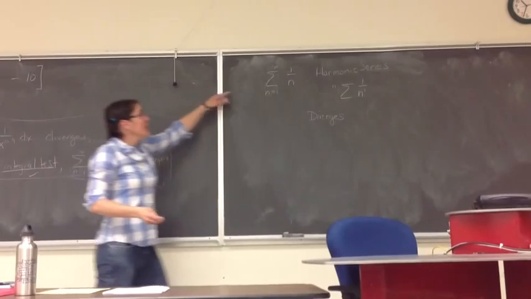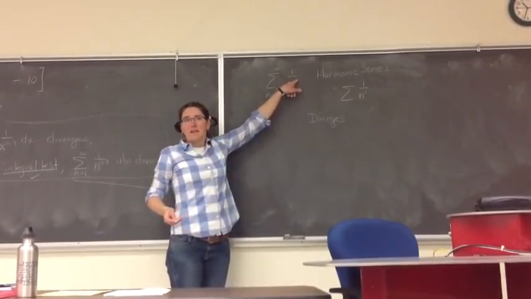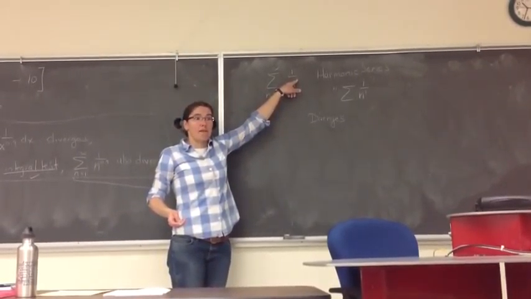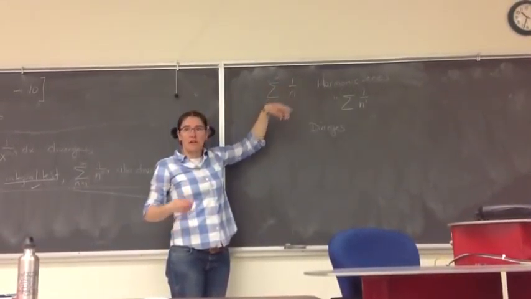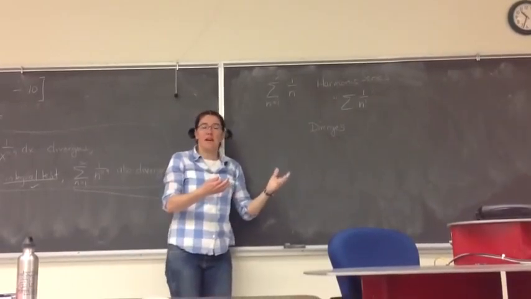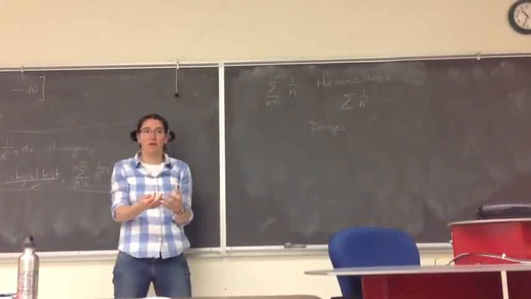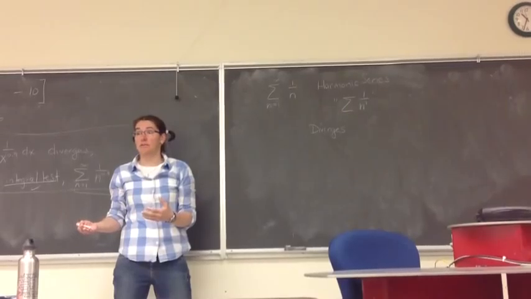Now it turns out that this power of 1 up here is exactly the dividing line. If your power is greater than 1, you're going to have one result. And if your power is less than or equal to 1, you're going to have a different result.